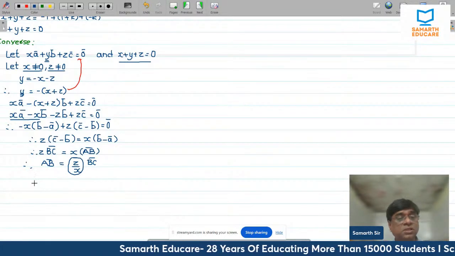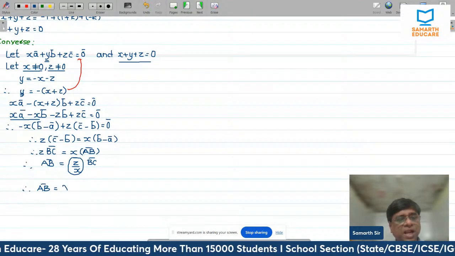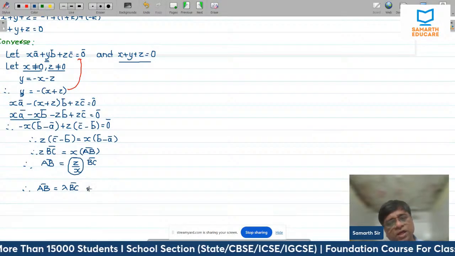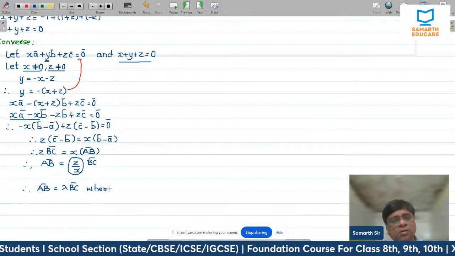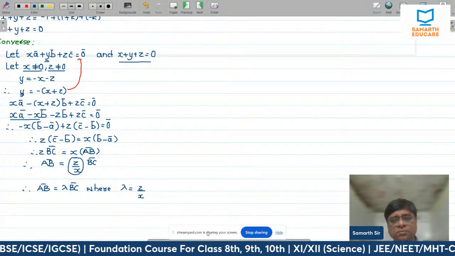Now, which means AB bar is some lambda BC bar, where lambda is equal to z upon x.